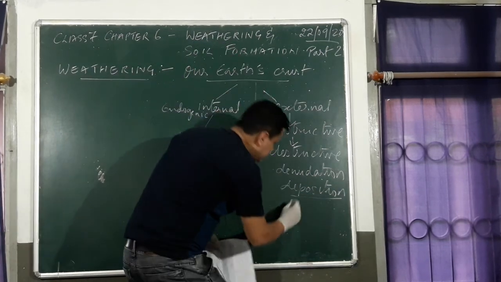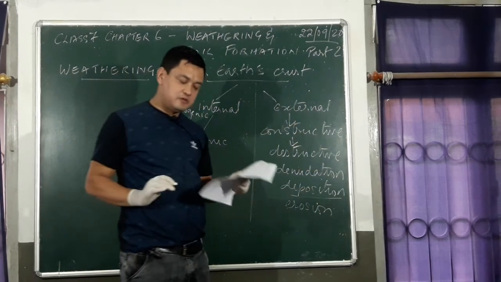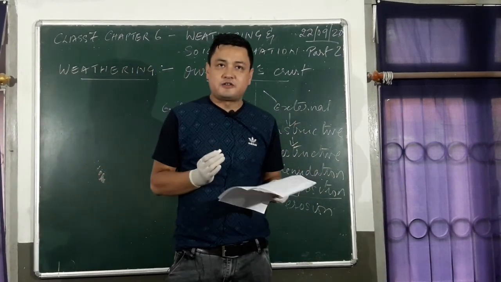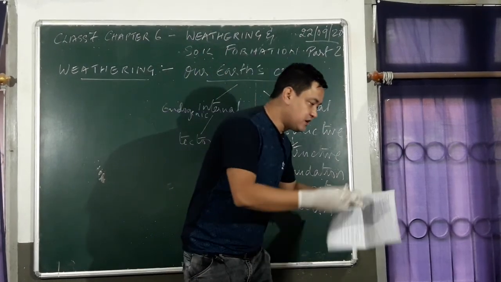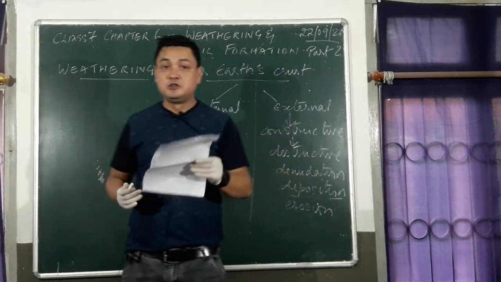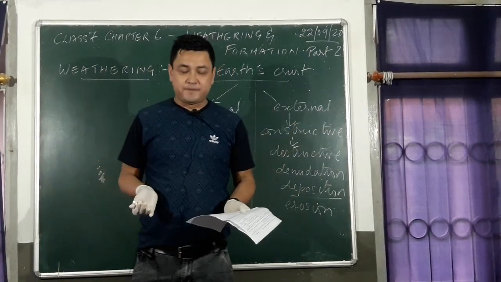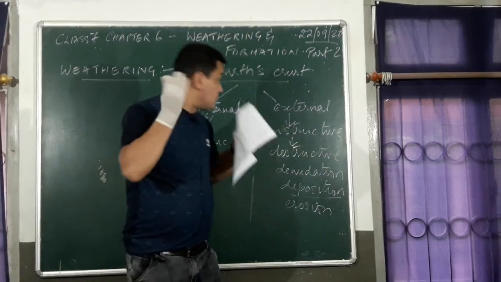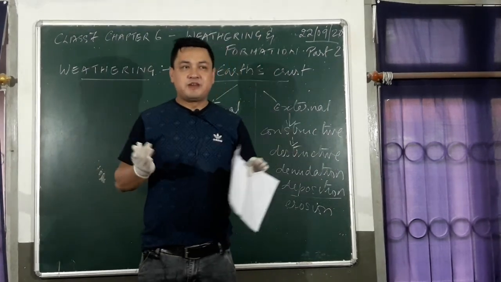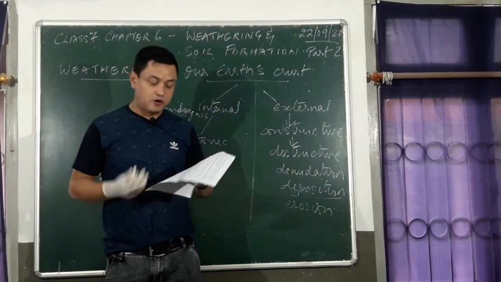So erosion also comes in this category, which is also known as the agent of change, which is working continuously in order to make landforms. New landforms are getting created, even today, in the present day. Just now it is raining, so some of the lands are being remodeled, recreated, reshaped, or rearranged.